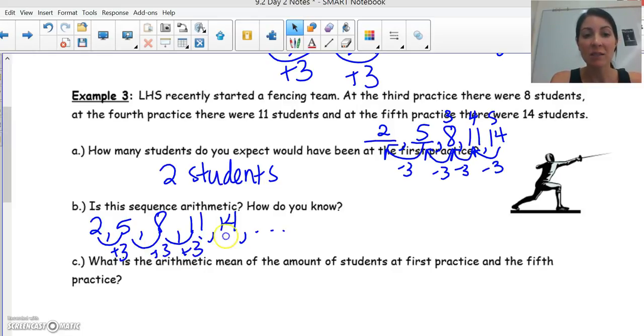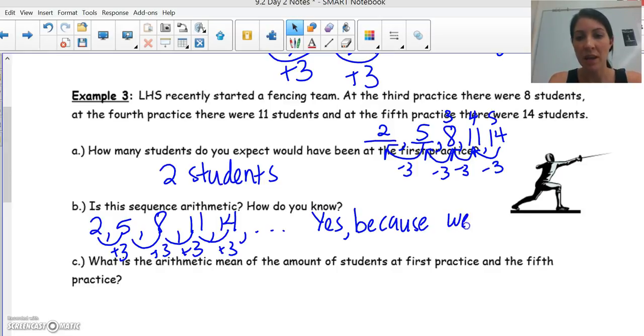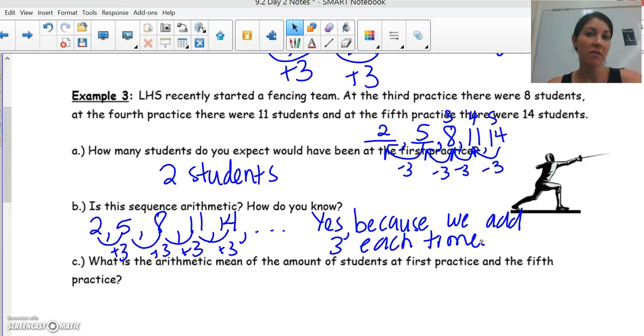As long as you're adding or subtracting the same number, it is arithmetic. So is the sequence arithmetic? I'll answer yes. And how do you know? Because we add 3 each time. And again, as long as you add or subtract the same number every time, then it's arithmetic.